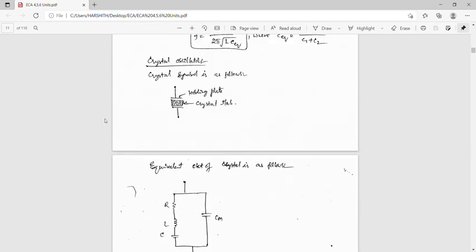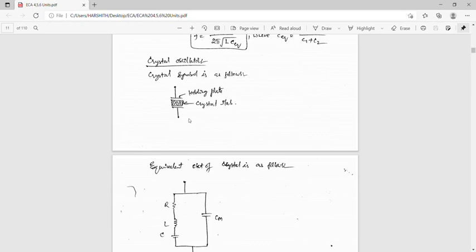Okay, this is the crystal oscillator. The symbolic representation of such a practical crystal. This is the practical crystal. The natural shape of the quartz crystal is a hexagonal prism, but for its practical use, it is cut into a rectangular slab.